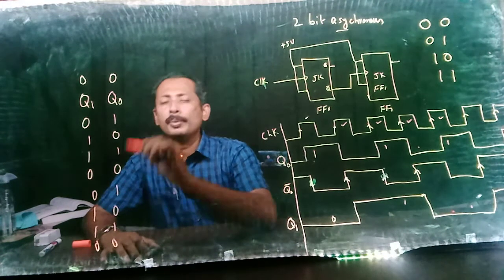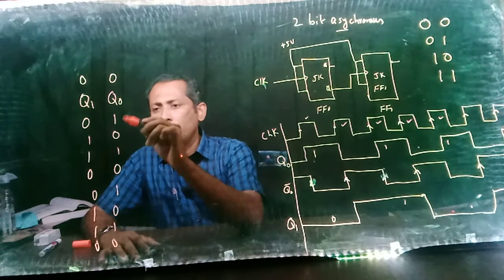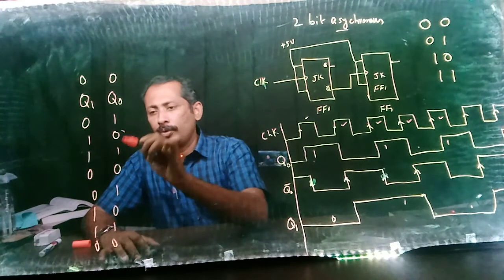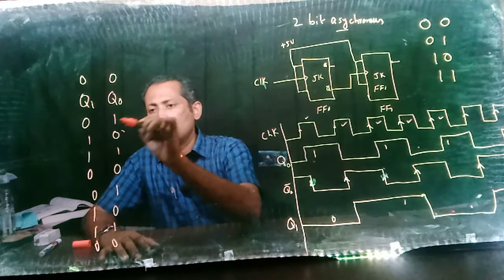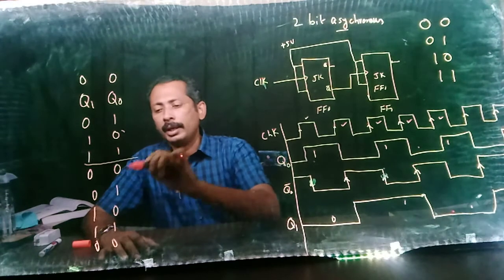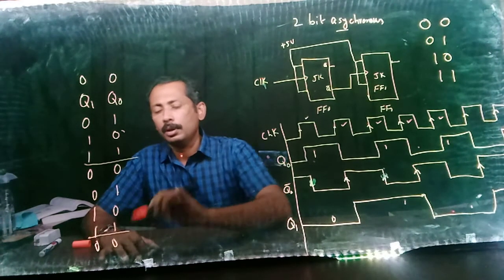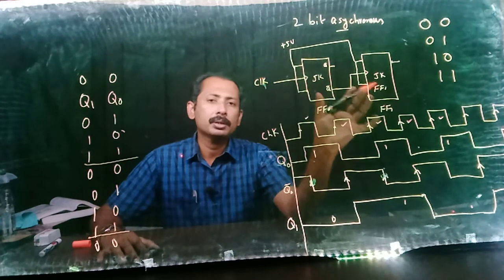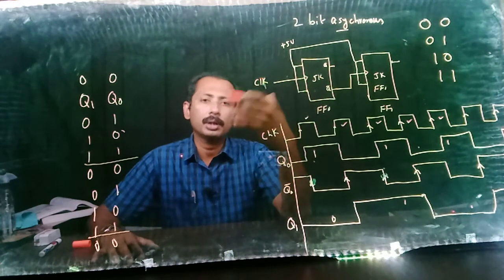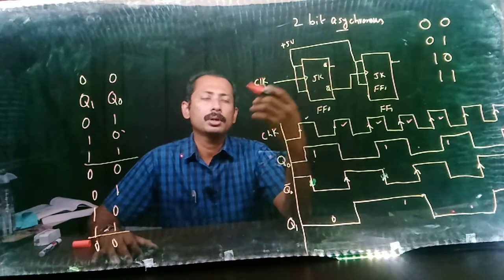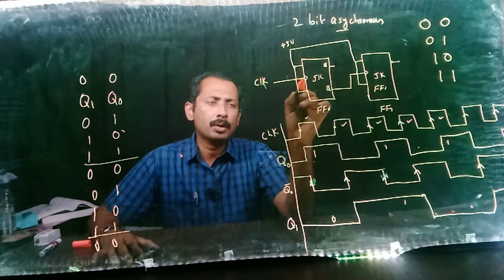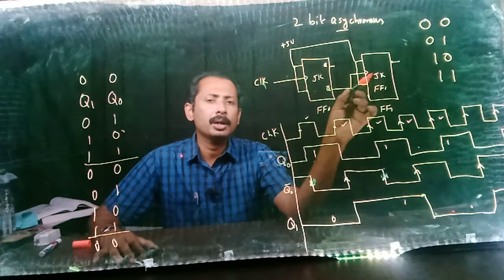So this is a 2-bit counter. After the 4 states 0 0, 0 1, 1 0, 1 1, it again continues with these 4 states. Since we have only 2 bits, the counter counts, resets, and again counts. For each clock pulse, the counter increments.